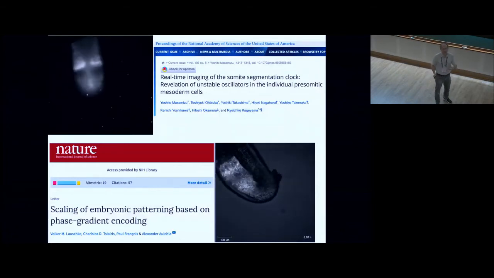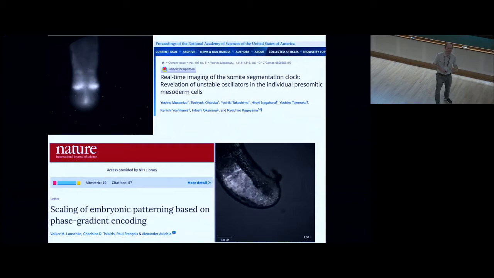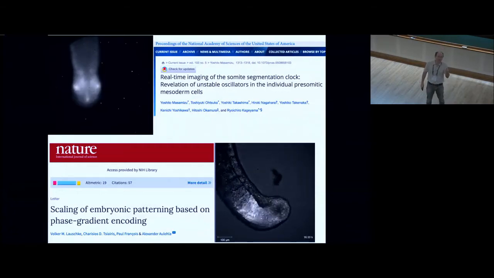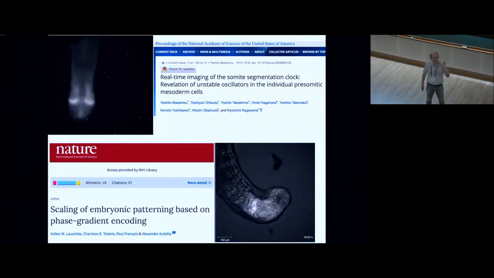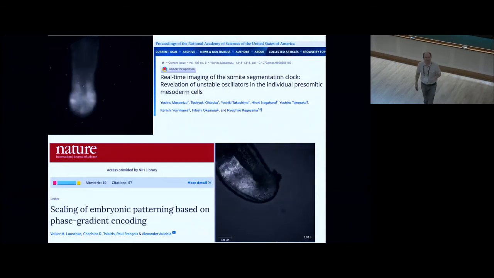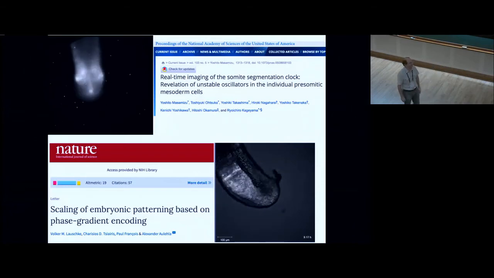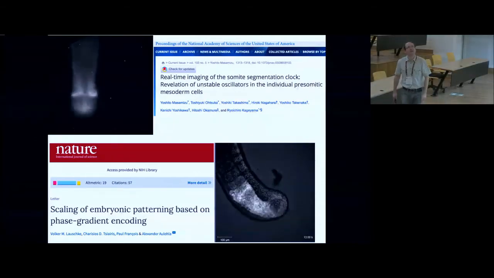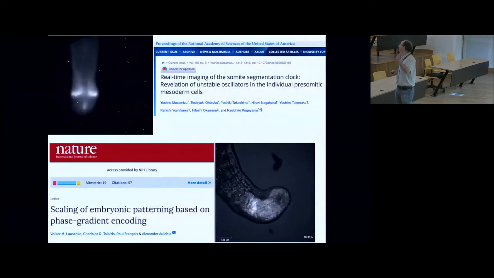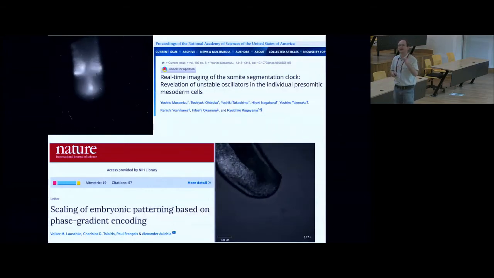Now with CRISPR, it's a bit easier to do this stuff. But still, you need to engineer the reporter so that it has the right lifetime, and many things will not work for various reasons. It's very difficult.